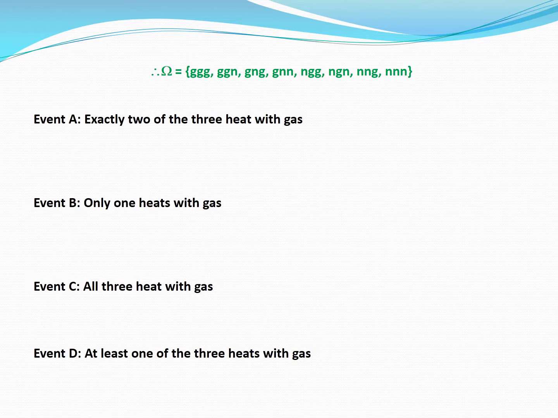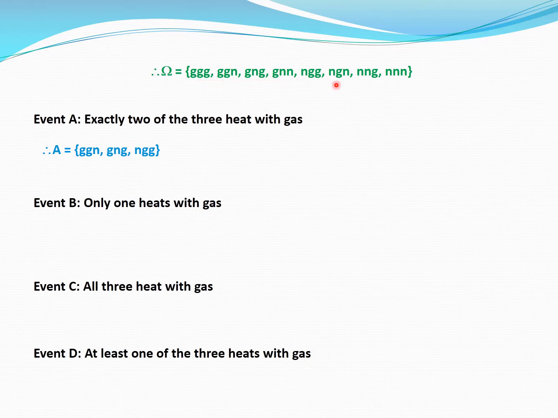Event A was defined as exactly 2 of the 3 heated with gas. So there you will look at all the outcomes in your sample space where you have exactly 2 G's. So it will include those 3 outcomes. Event B is defined as only 1 heated with gas.